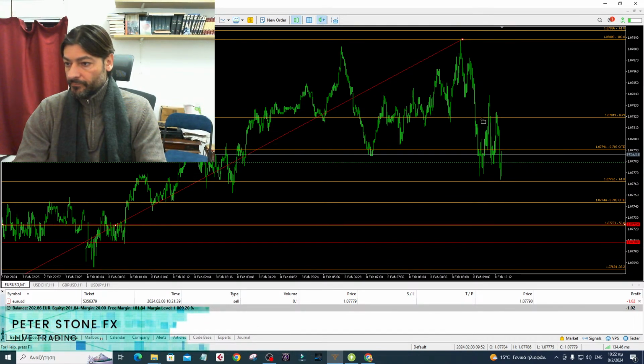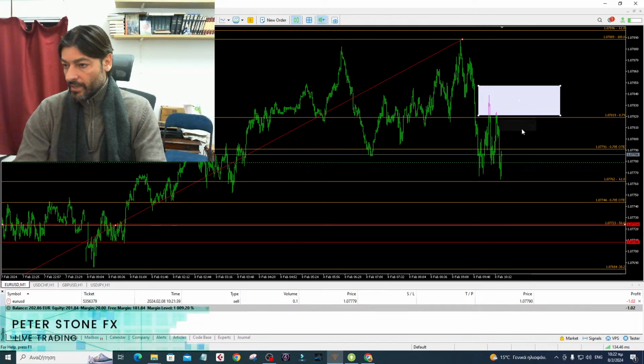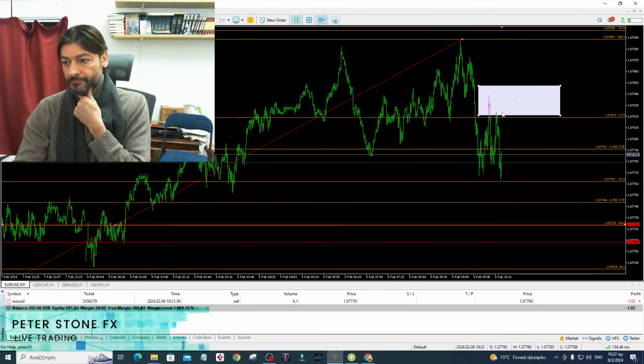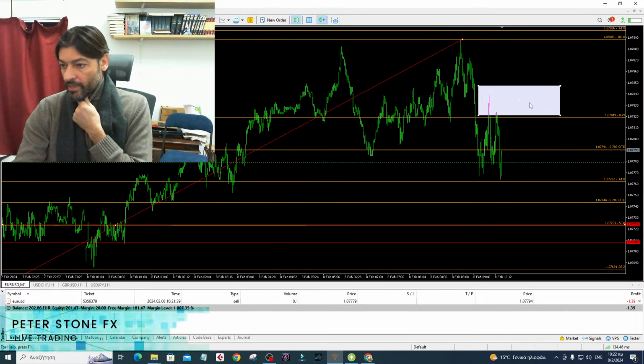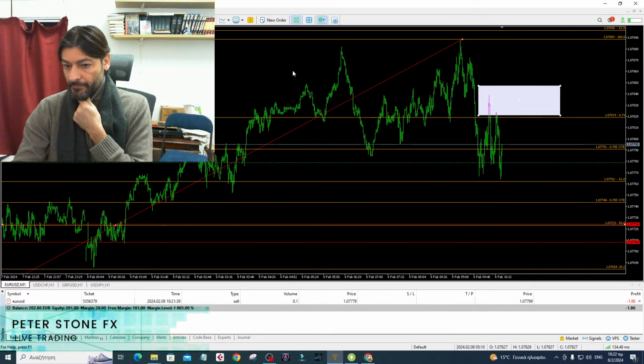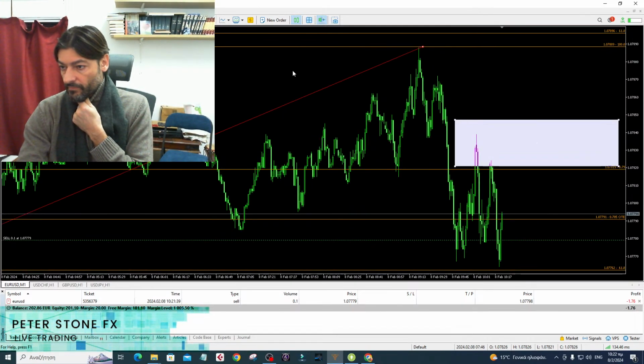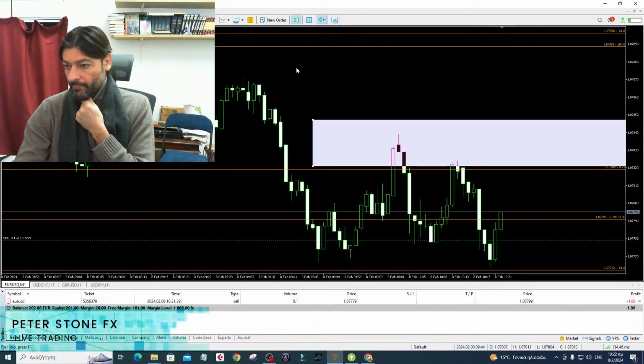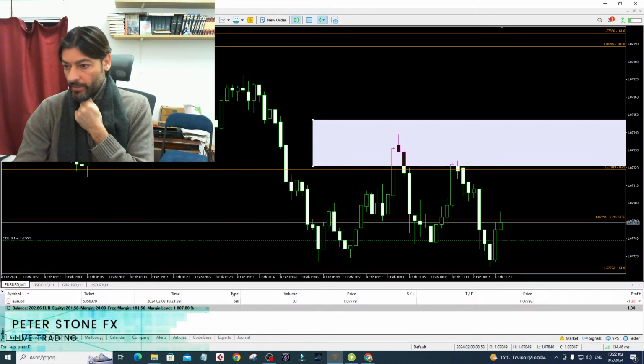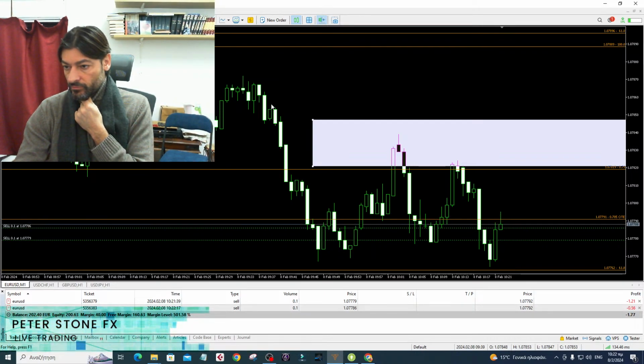We have this fair value gap. We test again with a lower high. So we are in the area of the optimal trade entry. And here I will put another position.